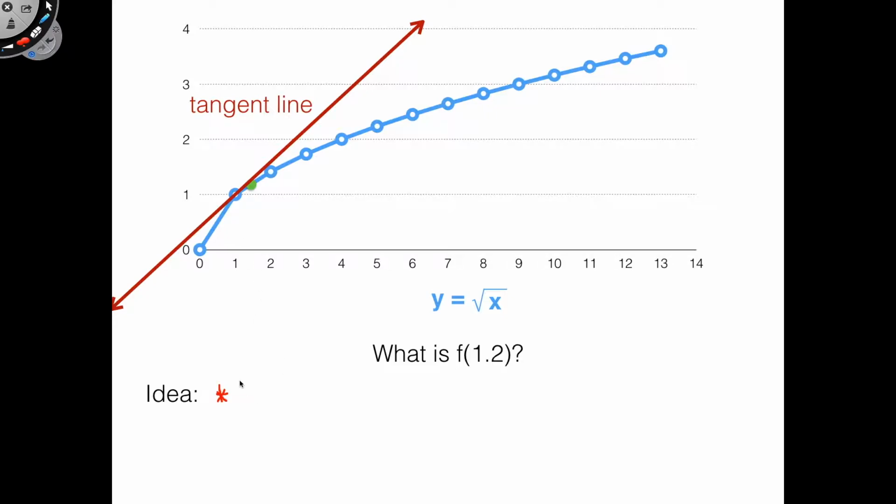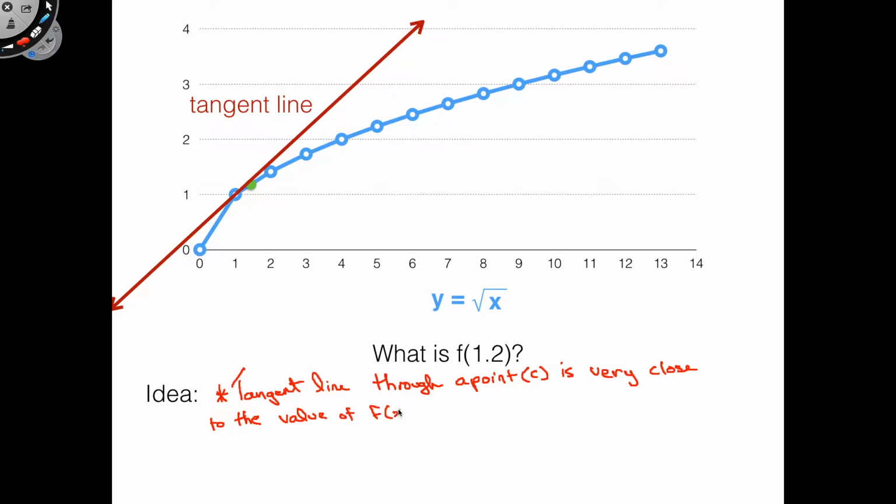Let's say for the tangent line through a point, let's call that C. In this case, C would be 1, but just to be general, let's call it C. The tangent line through a point is very close to the value of f of x for all x that are close to C, right?